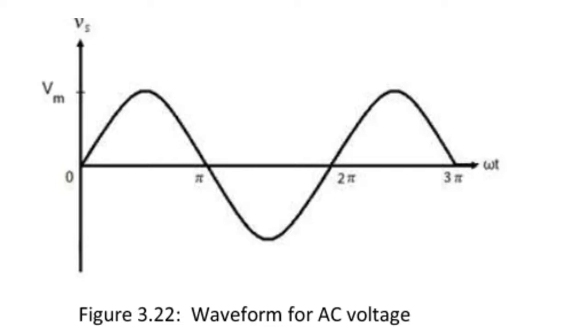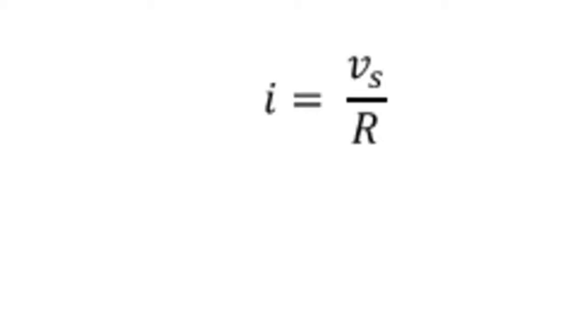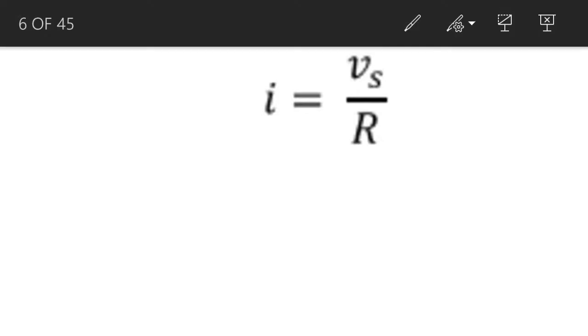Before the calculation of the AC current in the resistor, we consider the waveform for the AC voltage. So this is the waveform for the AC voltage across the resistor, and you see this AC voltage varies sinusoidally with respect to time. Now we are going to find out the current in the resistor.